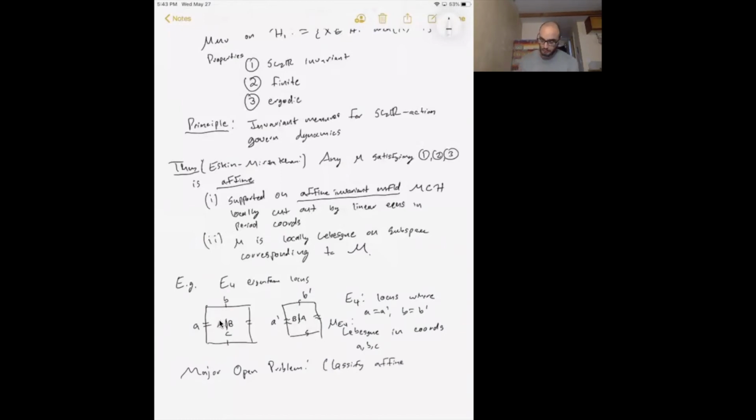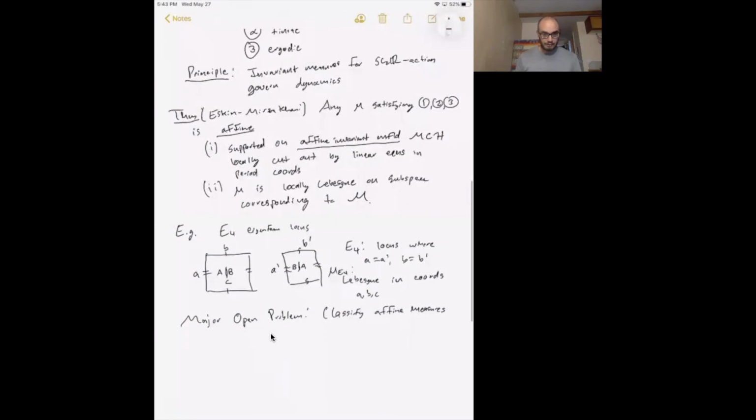There's an analogy with homogeneous dynamics where the corresponding theorem would be Ratner's theorem, but we're not quite at the level of Ratner's theorem for the SL2 action on strata, because we know this nice theorem that they're affine, but we don't have an actual classification. We can't write a list of all the affine measures. Okay, so that's an important problem.